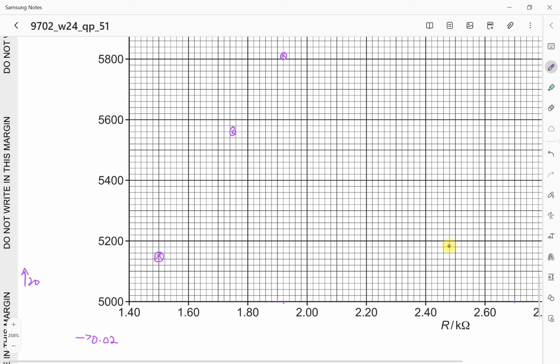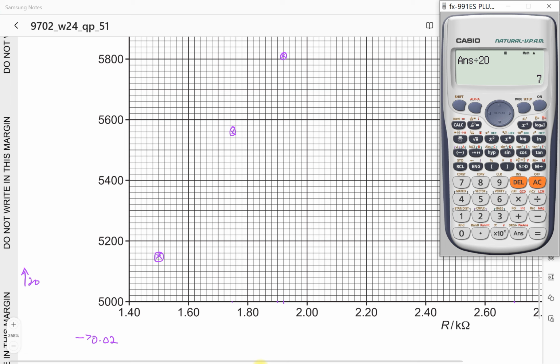So let's draw the error bars. The first one was 50. Remember the scale on the vertical is 20. So if we are plotting 50, 50 divided by 20 is 2.5 upwards, 2.5 downwards. Remember this point is in the center of the box, so it is 0.5.